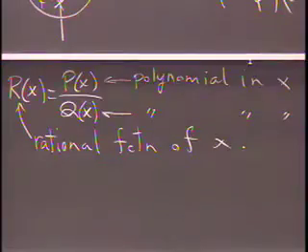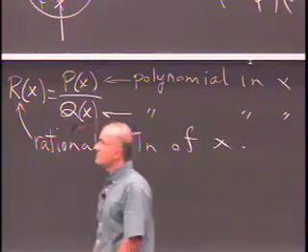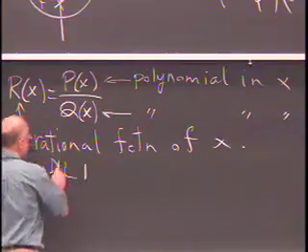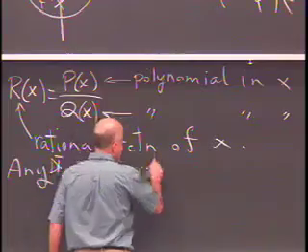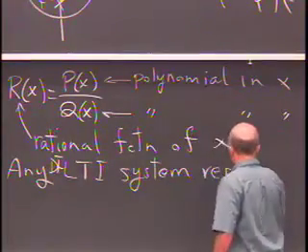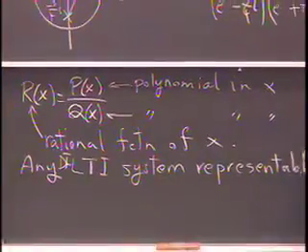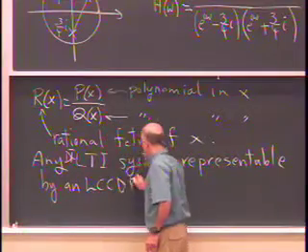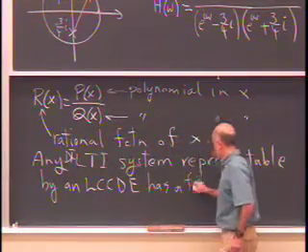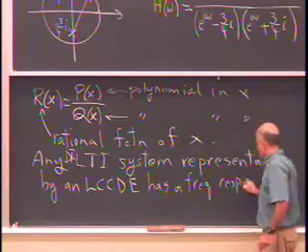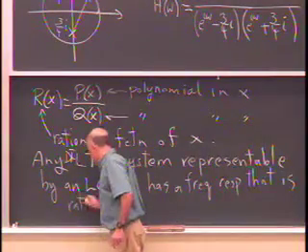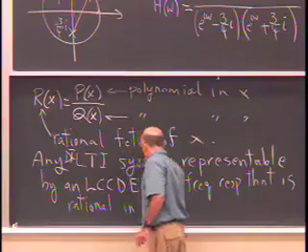Anytime you have an LTI system that's representable by a linear constant coefficient difference equation, its frequency response is going to be rational in e to the i omega. So any discrete time LTI system representable by an LCCDE has a frequency response that is rational in e to the i omega.